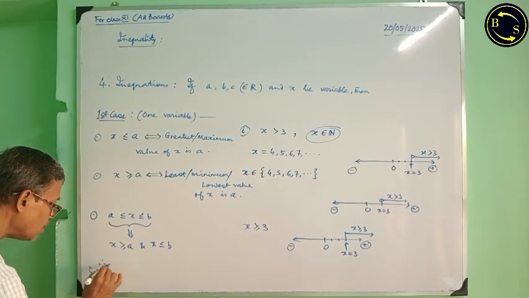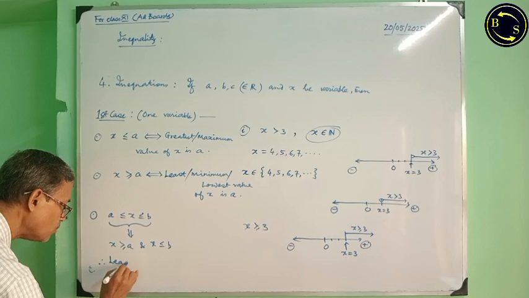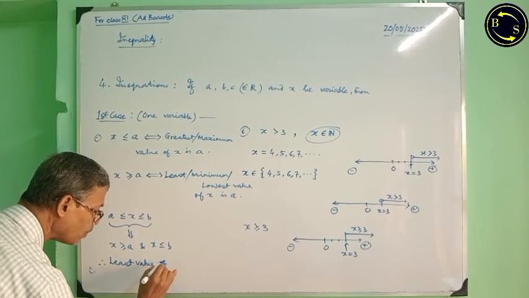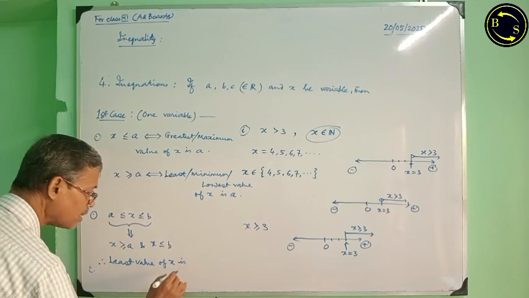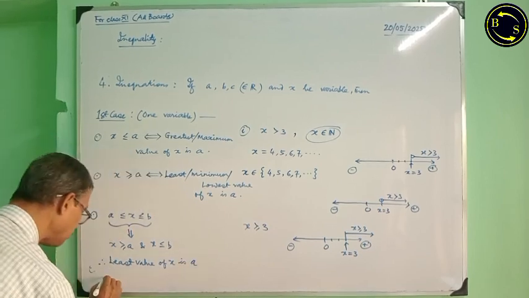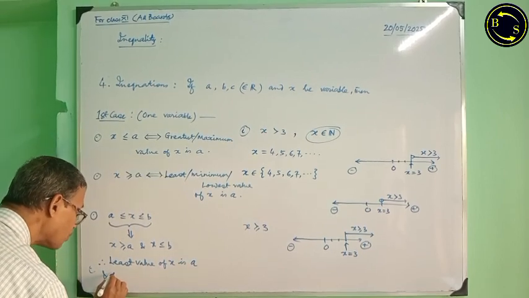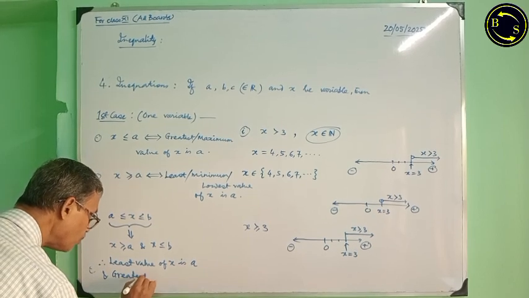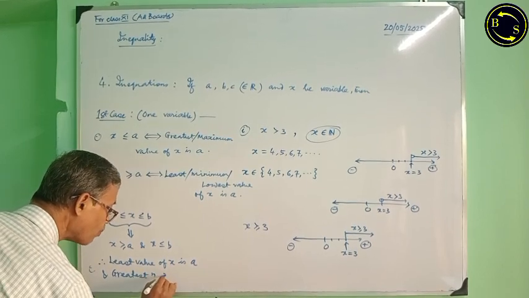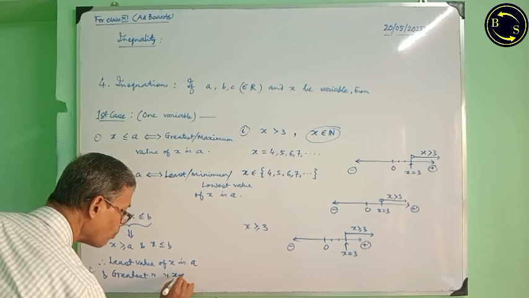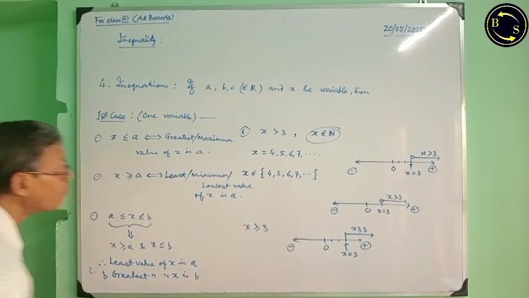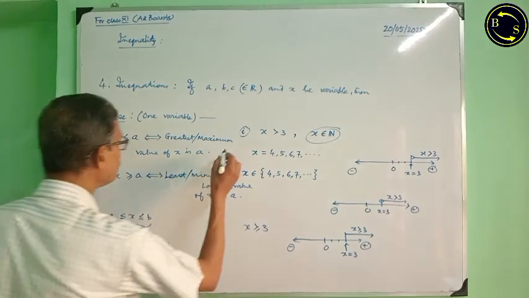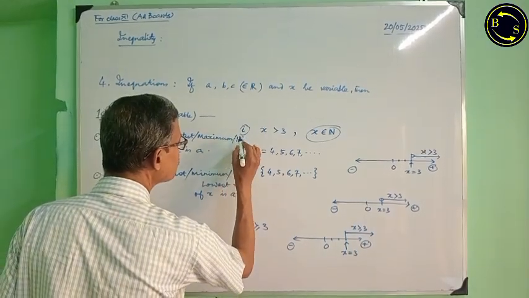Therefore, least value of x is a and greatest value, also we can use the term highest, is b.